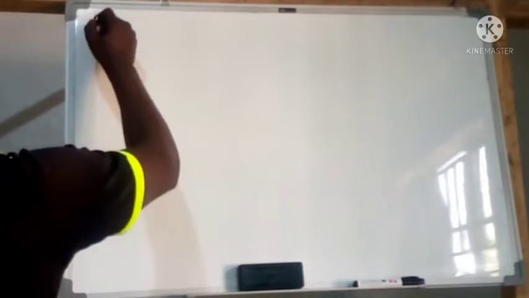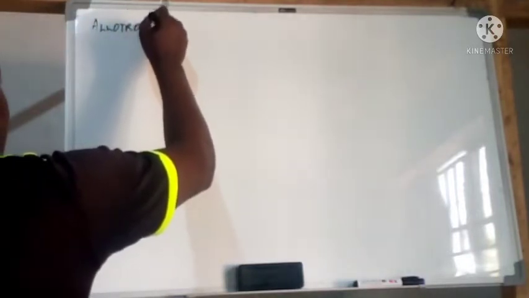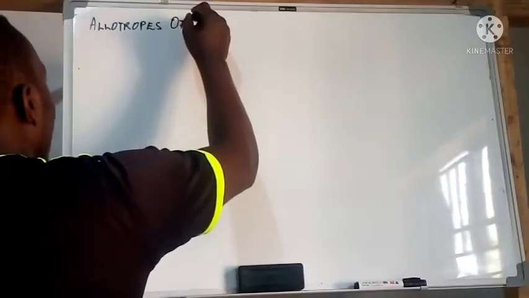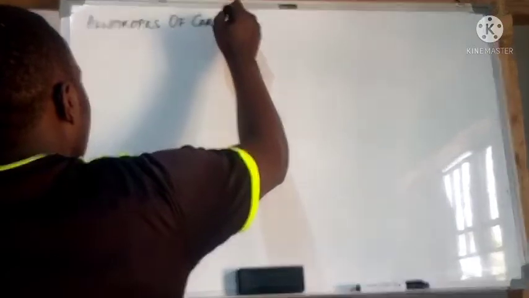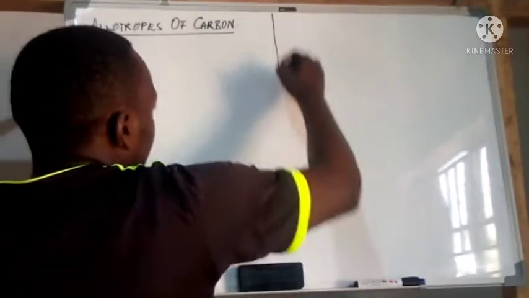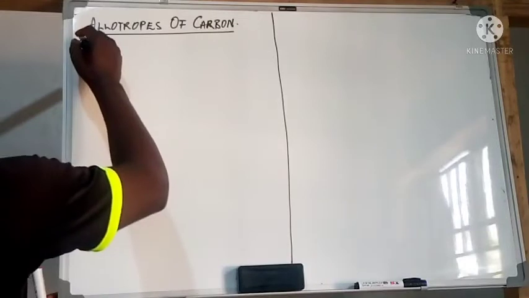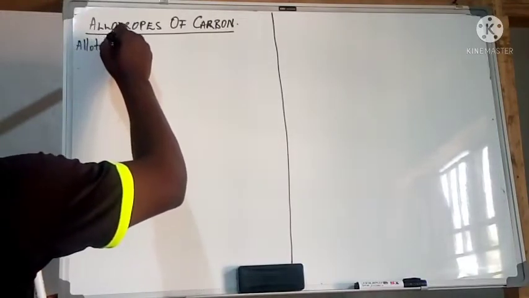Carbon shows us allotropes, but before we discuss those different allotropes, we need to understand what the following terms mean.